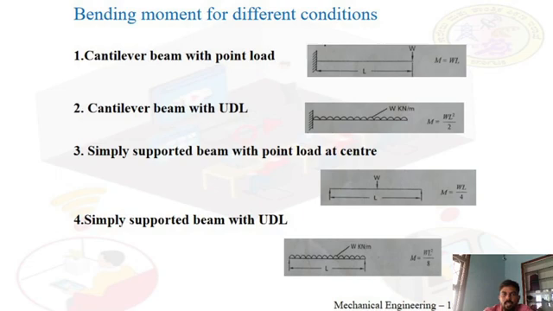The second one is the cantilever beam with UDL. The load is in kilonewton per meter. So moment M is equal to W L square by 2. Third, a simply supported beam with point load at center. The moment M will be W L by 4. The fourth case, a simply supported beam with UDL. The moment M is equal to W L square by 8.